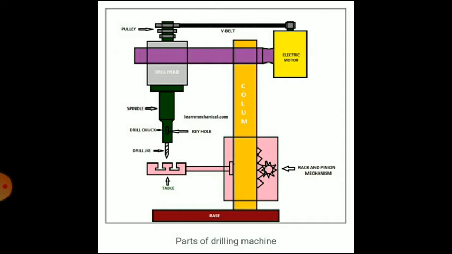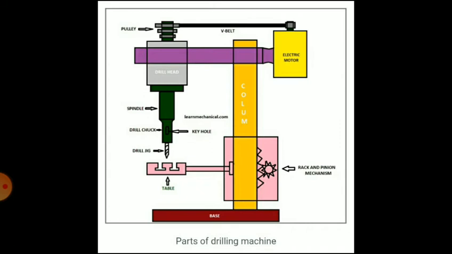At the bottom there is a base, then there is a rack and pinion mechanism to move the work table in an upward or downward direction. Then there is a table. At the top there is an electric motor. That motor is connected to the step cone pulley with the help of a V belt, and the power from the motor is transmitted to the spindle.